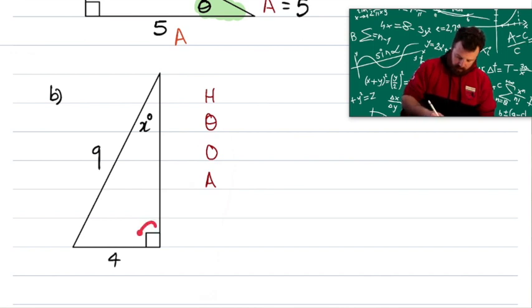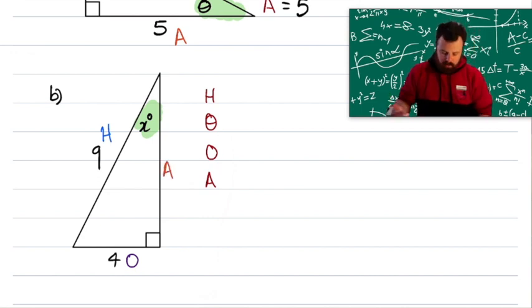Here's my right angle, so that must be my hypotenuse. There's my reference angle, so the other side of the triangle must be my opposite side. And then finally, that third remaining side is our adjacent side. And remember, it's the side that's next to the reference angle and next to our right angle.